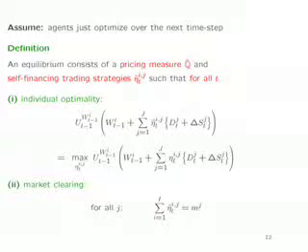Now what I'm going to use here are conditional versions of the preferences that I had before. So they will be indexed by t minus 1. Okay? So these will be the same preferences as before, but conditional versions of them based on the filtration F_t. And I want that the market clears at every time step. So at every time little t, demand should be equal to supply.